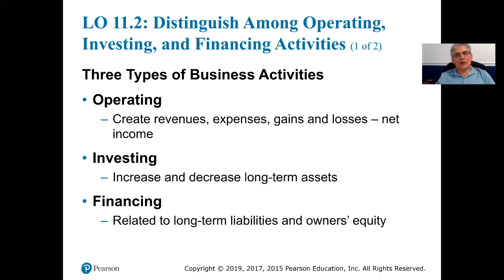So it's just about the changes that occur, primarily the changes that occur in fixed assets. You can have investments in other companies as well. But for the most part, investing activities really primarily involves the purchase and sale of property, plant, and equipment.